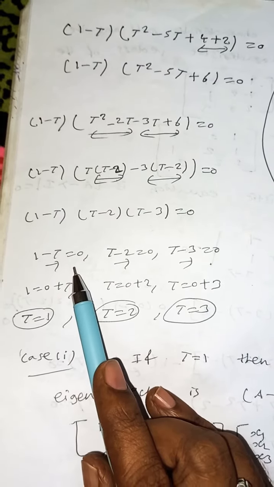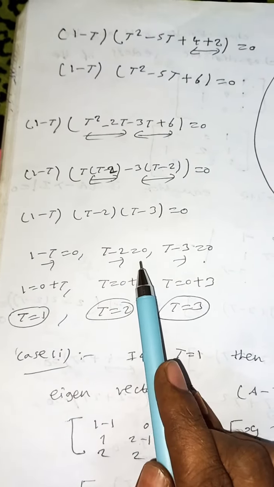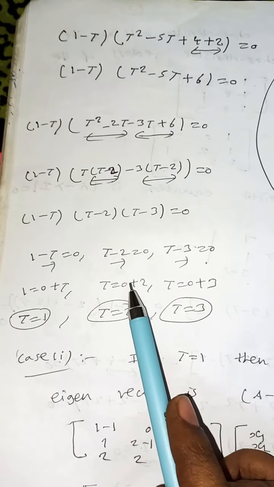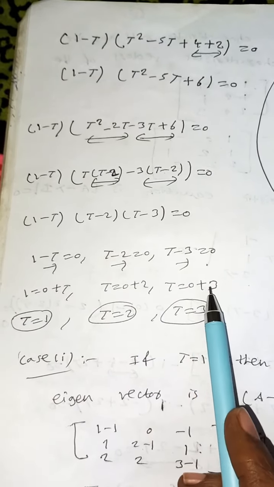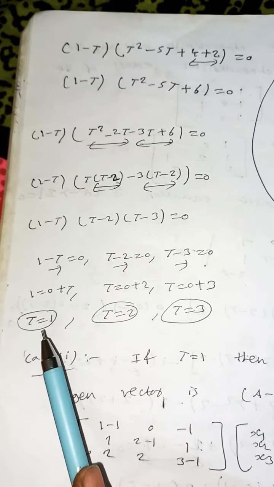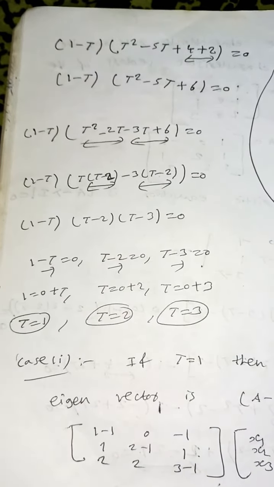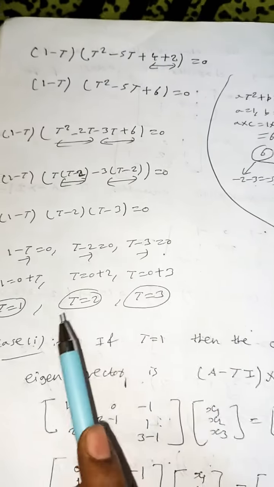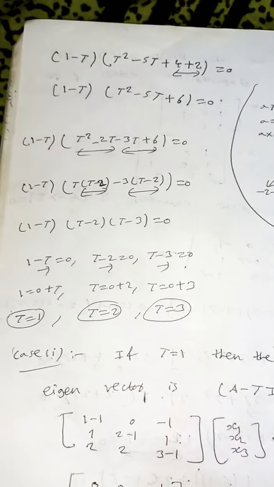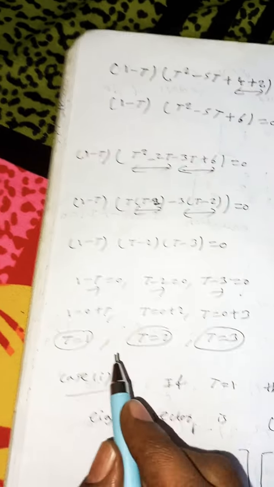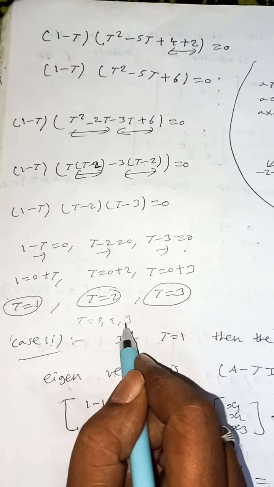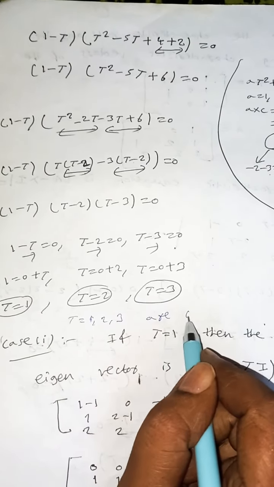Therefore 1 - lambda = 0, lambda - 2 = 0, lambda - 3 = 0. Sending the minus to that side becomes plus, so lambda = 1, lambda = 2, lambda = 3. These are the eigenvalues. Therefore the eigenvalues are lambda = 1, 2, 3.